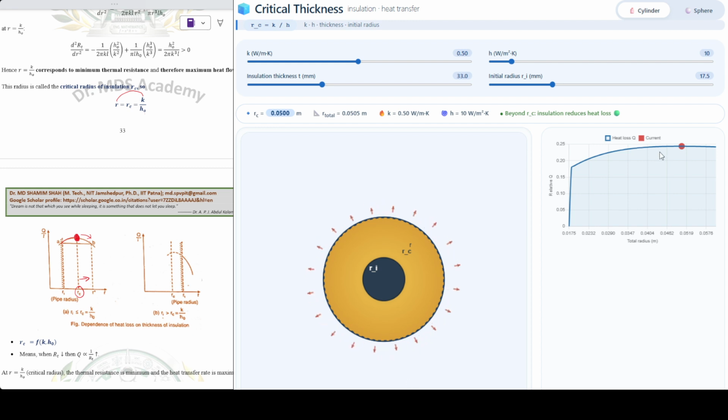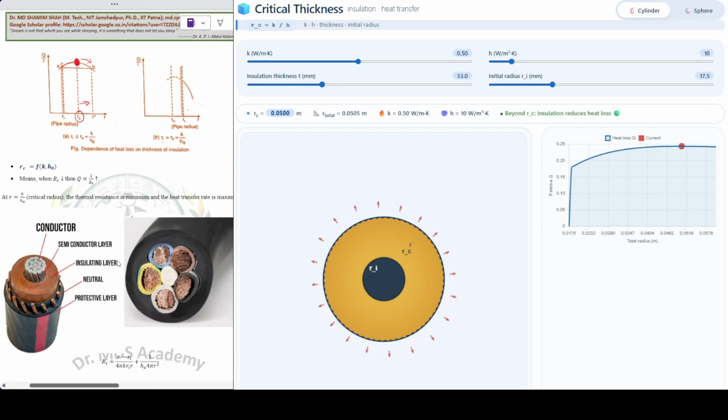So where is it used? It is mainly used for electrical cables, where we want to remove the maximum heat loss, otherwise melting of the wire will take place. See here, we have a metal conductor, and over that we have a certain thickness of insulation.